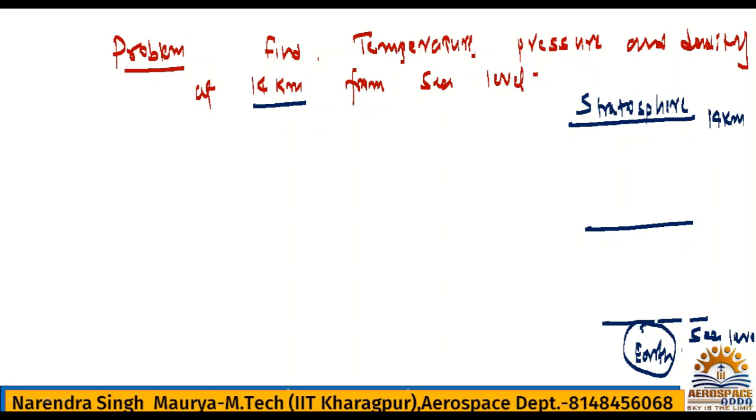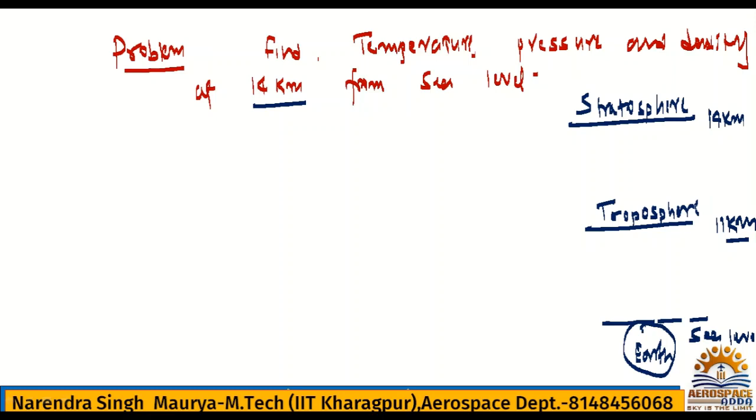So from sea level to the stratosphere, again you are not able to use one formula. Why? Because from sea level, the troposphere zone will come up to what distance? At 11 kilometer. So it is very clear now that from sea level to 14 kilometer the formula will not be the same, because two zones are coming separately. In the troposphere zone only the troposphere formula will work, and in the stratosphere only the stratosphere formula will work.